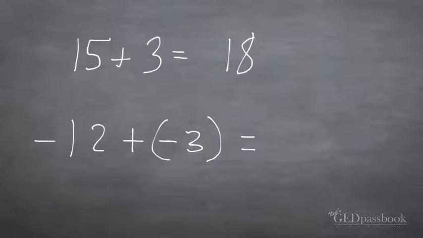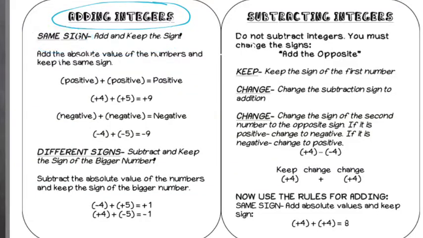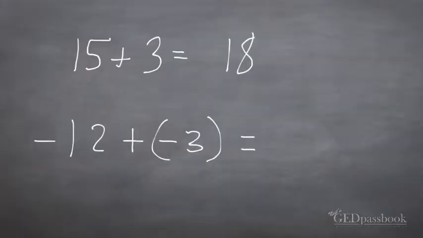Yes, which means you do exactly what the rule tells us. The rule tells us if they have the same sign, add and keep the sign, which means what's 12 plus 3? What is the sign that they both have? It's a negative. The sign to the left, it's a negative. This one negative. They both have matching signs, which means you keep the same sign, which your answer, which was 15, keeps the same sign, negative 15.